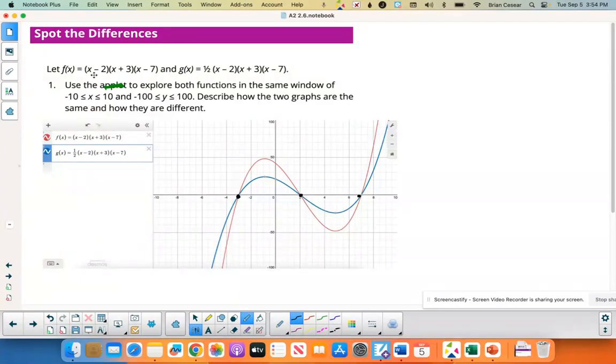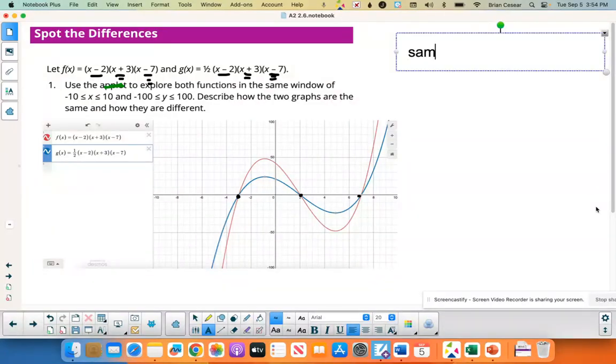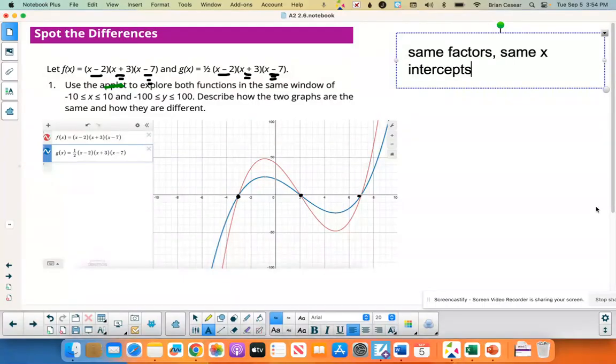And if you look at the factors here, I got x minus 2, x plus 3, and x minus 7. So I would say same factors, same x-intercepts.